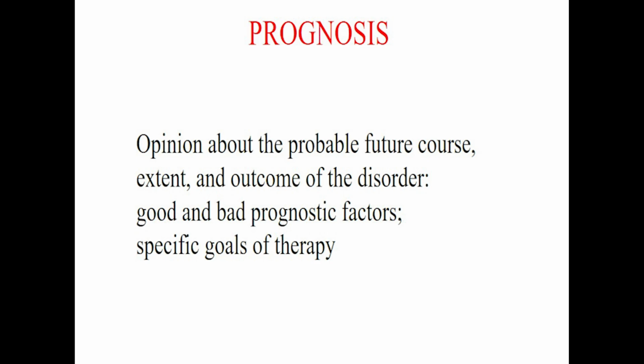Give an opinion about the course and outcome of the illness, the education qualification of the client, how he understands the condition, and in what way we can help him return to normal. If the progress is good, education is good, understandability is good, willingness is good, and he is taking medication or psychological therapies, it is a good prognosis. If the education is poor, understandability is poor, and he is not able to take medication or psychological therapies, it is a poor prognosis. These are very important factors.